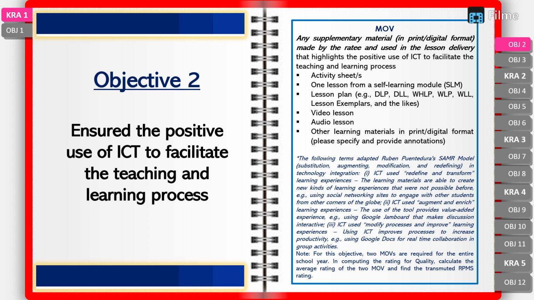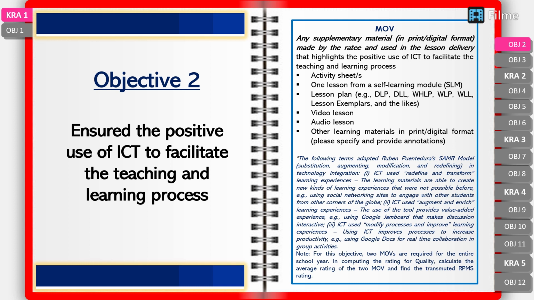You may use activity sheets, one lesson from a self-learning module, lesson plan, video lesson, audio lesson, and other learning materials in print or digital format. And please specify and provide annotations.